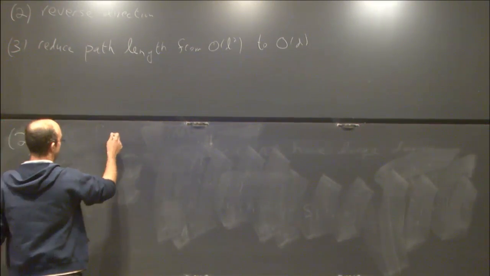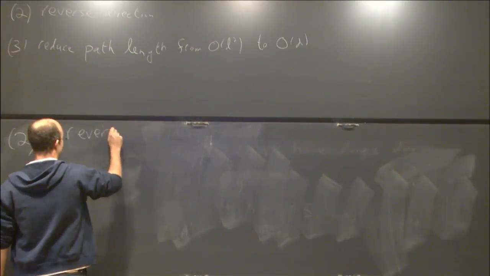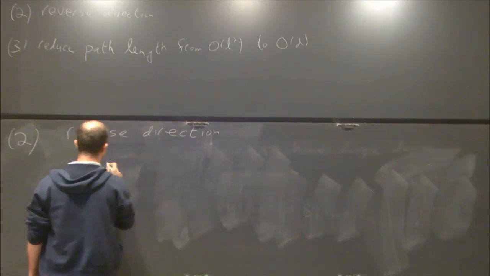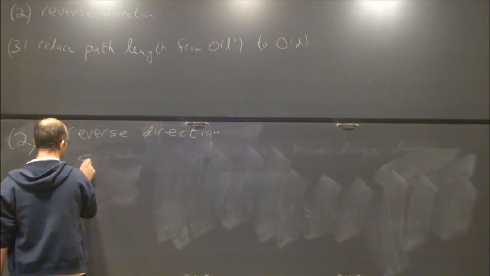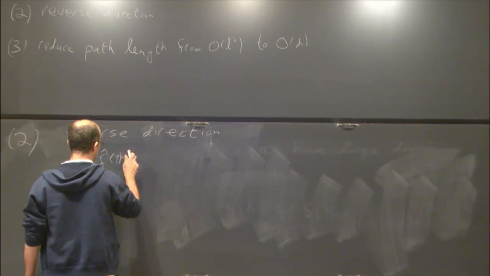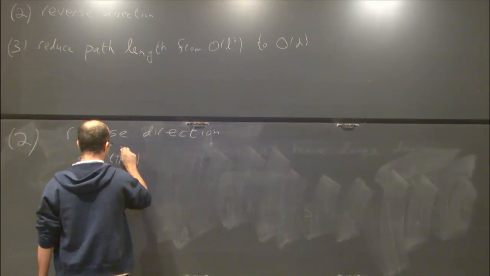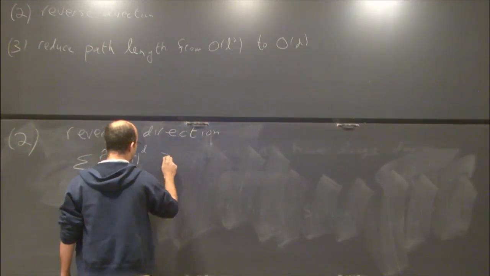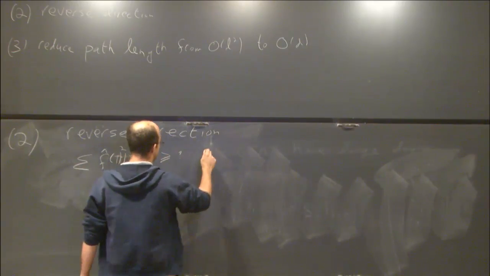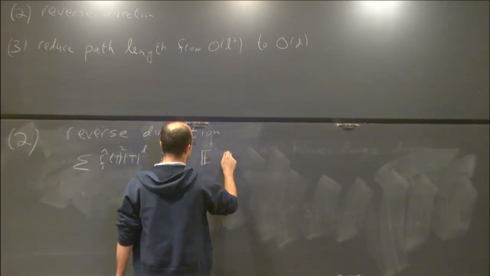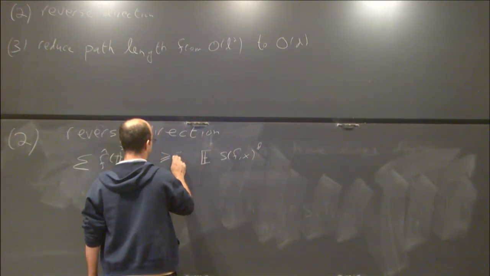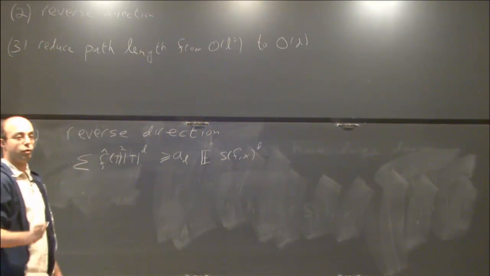For the reverse direction, I want to prove that if we look at the sum of f hat of t squared, t to the d, this should be greater or equal than some constant, let's say a_d, times the average sensitivity of f at x to the d. So this is what we want to prove.